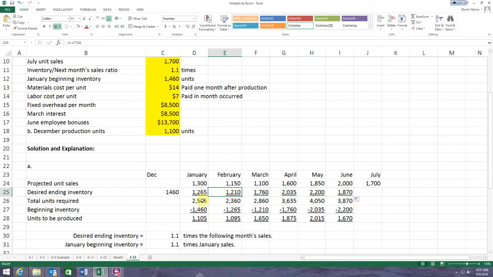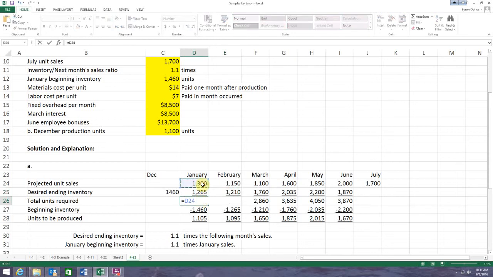Okay, so I know then that I want to have this in inventory at the end of the month, and this is what I'm going to sell, and so I know then that this is how many units are required, right? I came in with some inventory, and I'll deal with that, but this is just simply equal to this plus my sales plus my desired ending inventory. So that's how many are required.